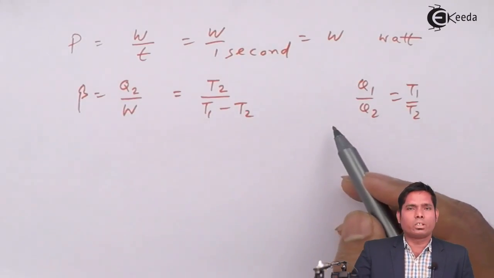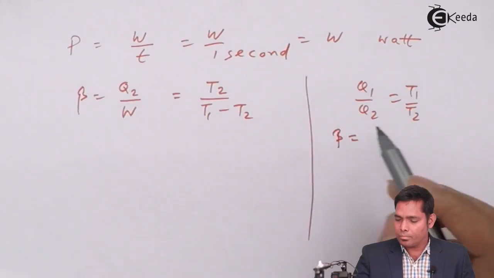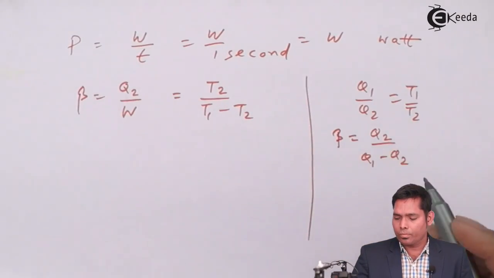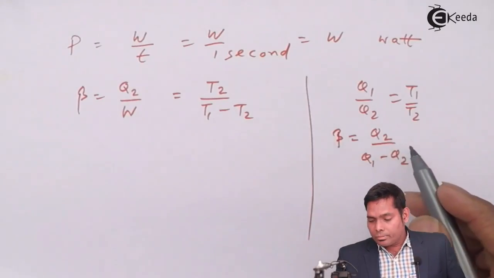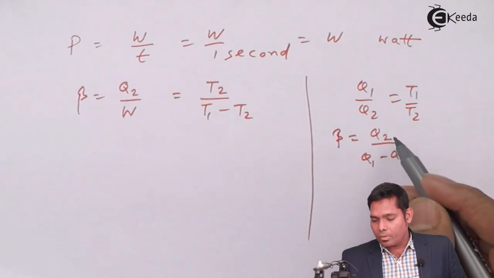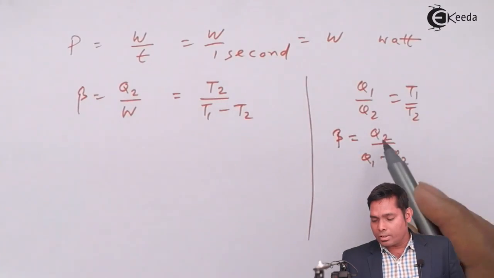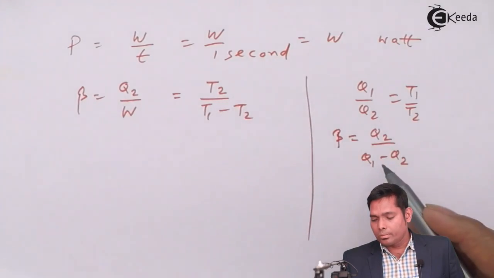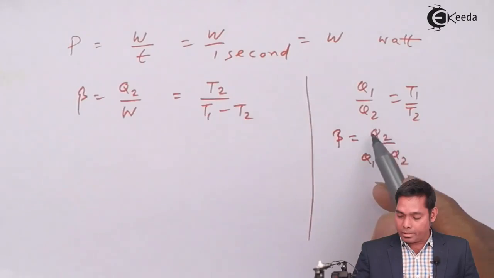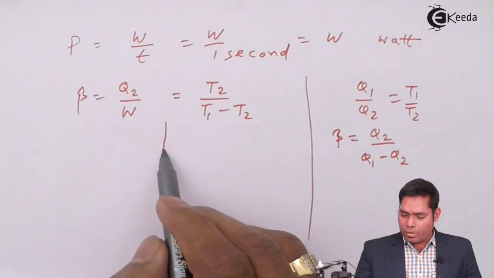The coefficient of performance beta is Q2 divided by W, which is Q2 divided by Q1 minus Q2. If I take the reciprocal, it can be written as T2 divided by T1 minus T2. Now from here we'll solve.